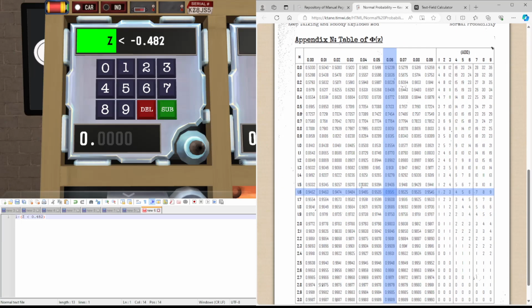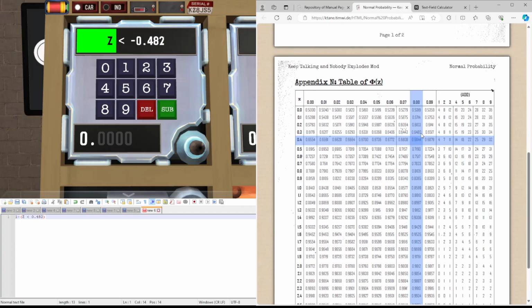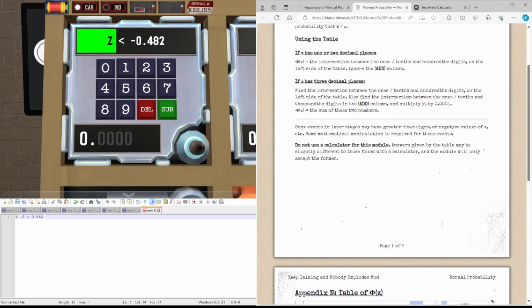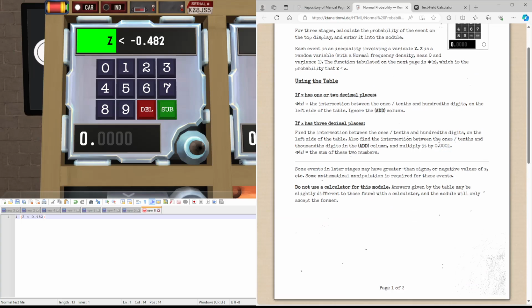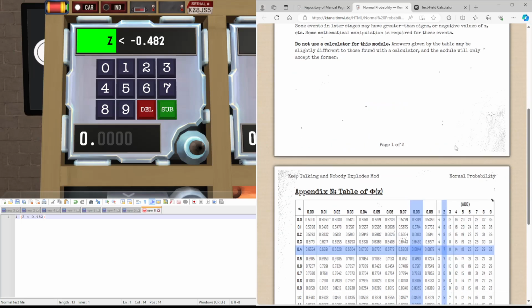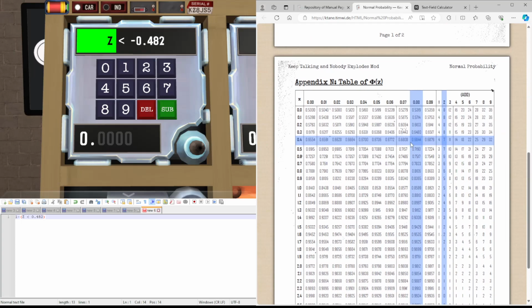So let's find a number like normal. So 0.482. This is where we need this add column. With the add column, all we basically do is multiply the number we get from this column by 0.0001 to get the extra little bit we need to add on to it.